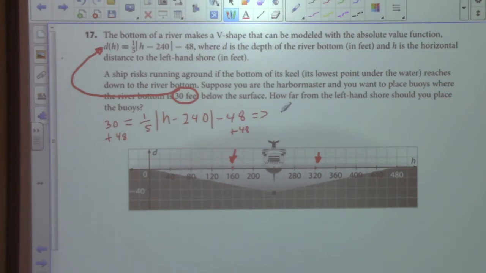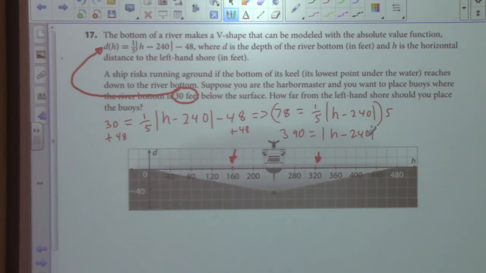If we multiply this whole equation by 5, 5 times 78 is 390. So 390 is equal to the absolute value quantity h minus 240.